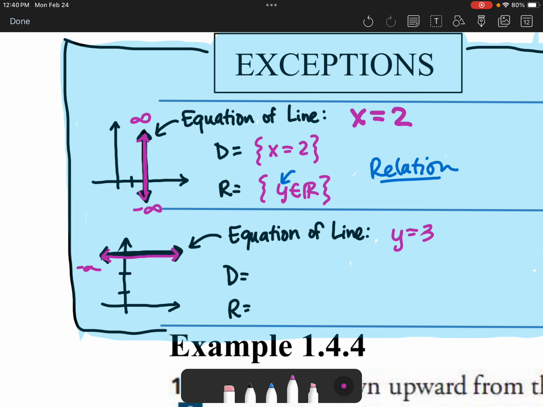In this case, it could reach negative infinity and positive infinity. And so here, x belongs to the set of all real numbers, and there are no limitations. Our range, though, is limited. Our y values can only be 3 and nothing else. So y will only and forever be just 3.